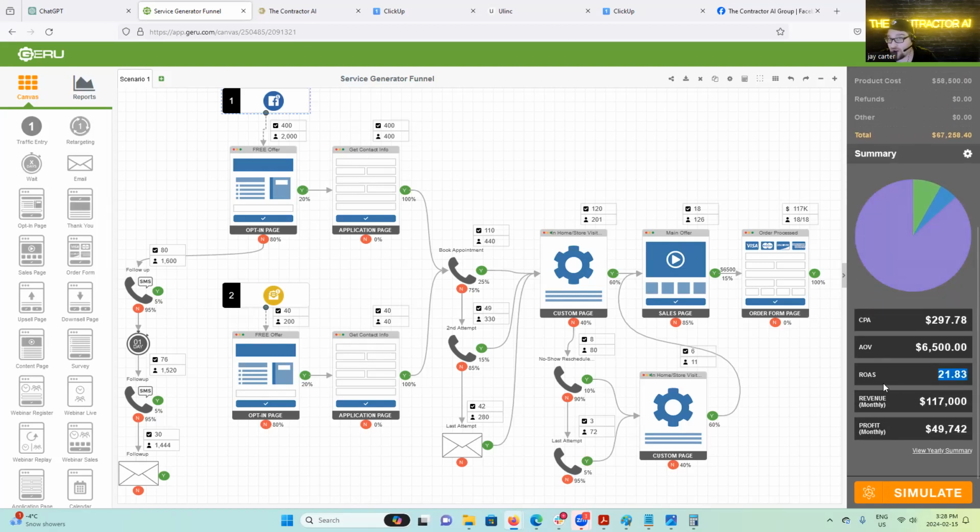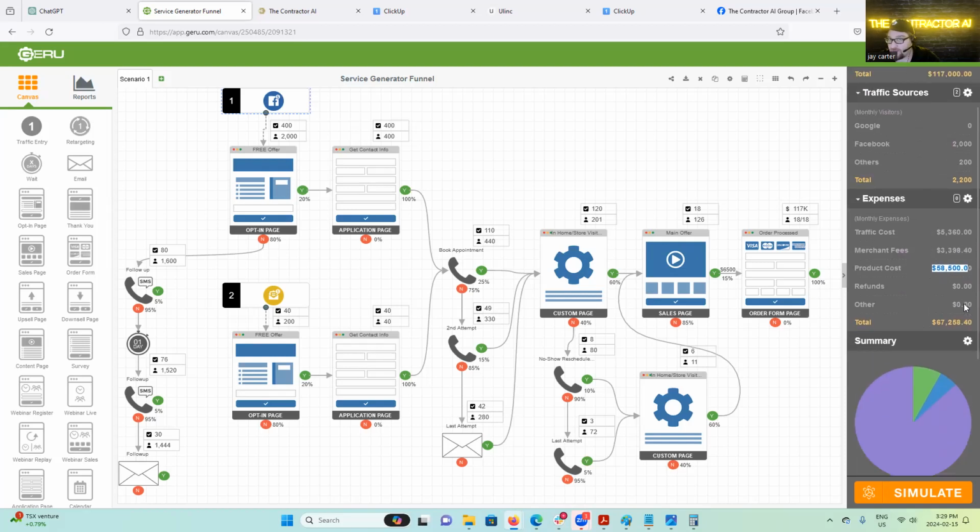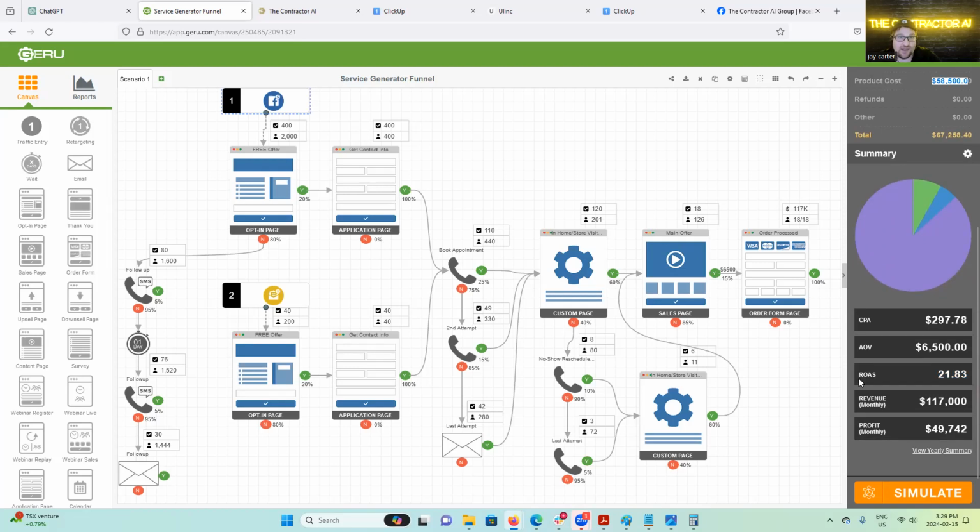Every dollar he spends, he's going to get back $21.83 in revenue. In profit, he's looking at about 49,742 per month for the one or two crews he figures it'll require. All of his above expenses are covered here, including his merchant fees, products and services, all that stuff, and it becomes a very scalable offer.